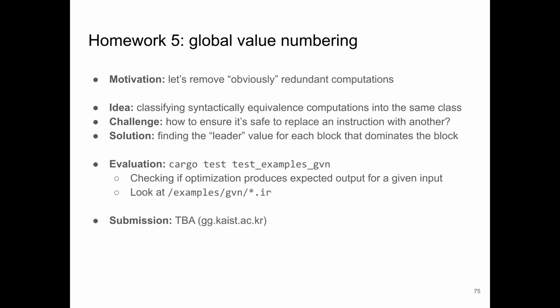So you have to deduce when it is safe to replace an instruction with another. This is basically a domination relation. If you want to replace, for example, A with B, you need to make sure that B actually dominates A. We need to use such domination information for the instructions of the same number.